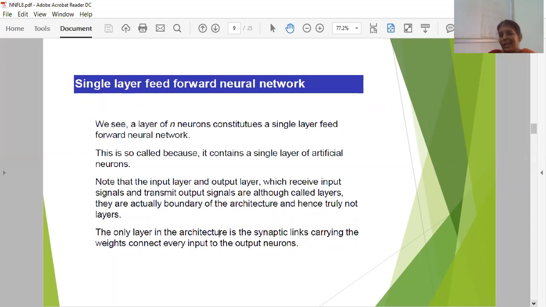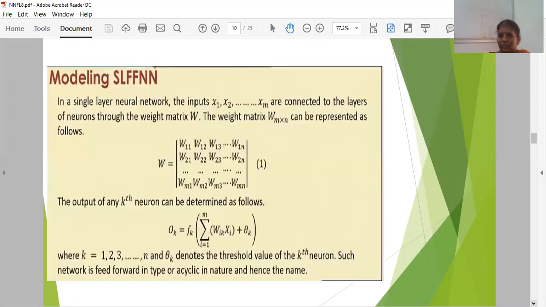The only layer in the architecture indicates your synaptic links, which are carrying the weights connected from each input to the output neurons. Okay, this is called a single layer artificial neural network.